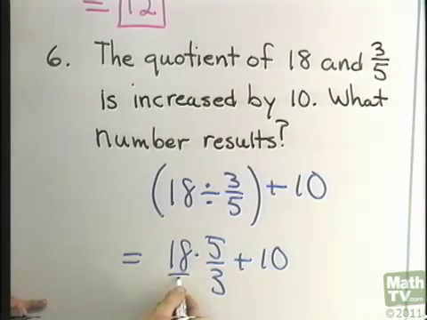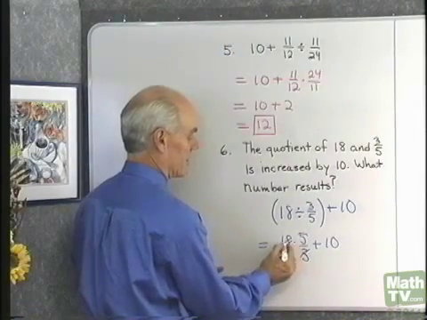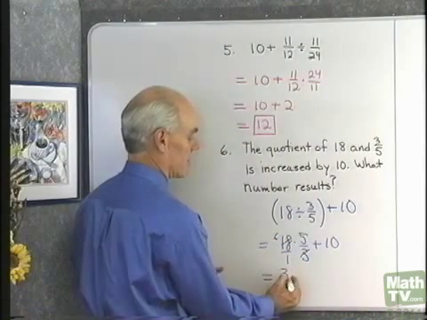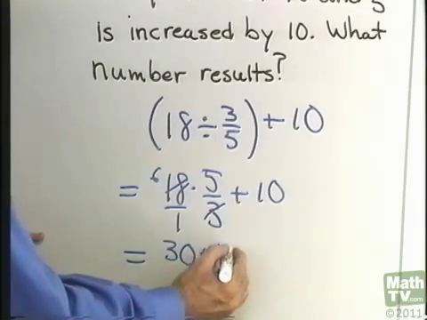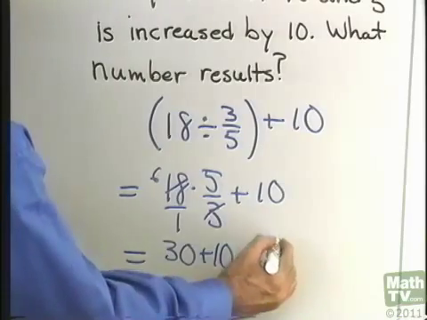Now when I say 18 over 1 times 5 over 3, that 3 will divide into that 18 6 times. That's the only common factor in the numerator and denominator here. 6 times 5 is 30, plus 10, and I end up with just 40.